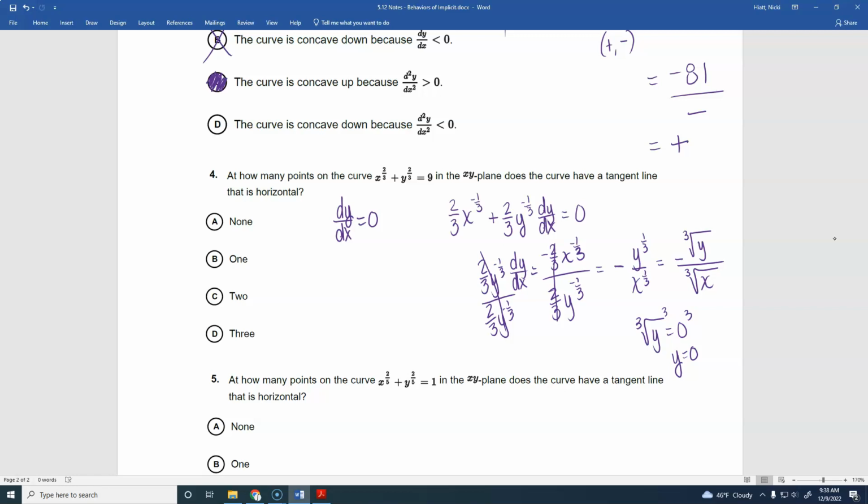There could be 2 or 3 or 10 x's that go with it. So we want to take this answer and plug it back into the original to find the x coordinates. So we'd have x to the 2/3 plus 0 to the 2/3 equals 9, which that 0 is just going to basically go away. I'm going to write that as the cube root of x squared.